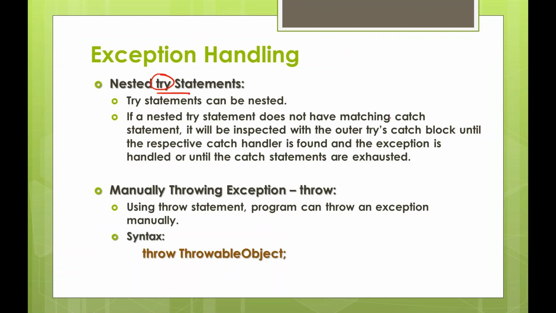So we have seen how nested try catch blocks execute. Let us see how to throw an exception manually. In the previous example itself, we have seen how to throw an exception. Here we use the keyword throw and then a throwable object.